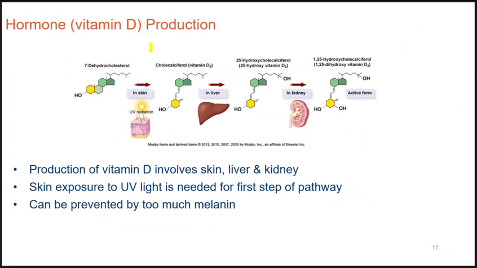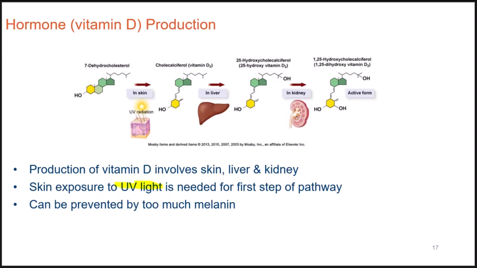We're going to return to talking about vitamin D for a moment, and we've already discussed how its production involves your skin, the liver, and the kidney. The first step that's needed for this pathway is your skin has to be exposed to UV light in order to make vitamin D and convert it to its active form.